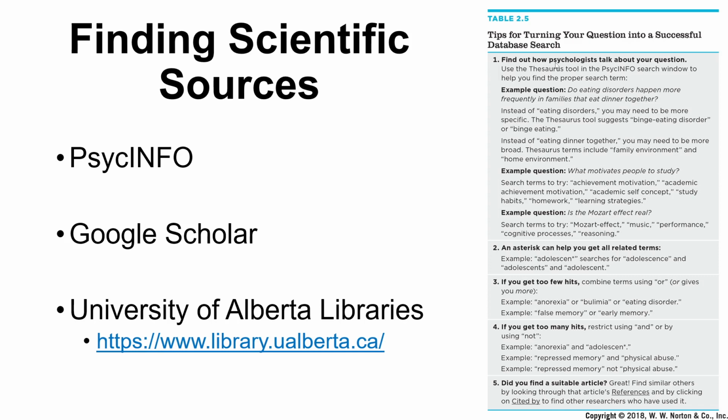And over here, this is from my methods course. We were looking at some of the different tips that they have for when you're searching for a particular topic. This is sometimes helpful because we will find very quickly that psychology uses a lot of different terms for the same concept.